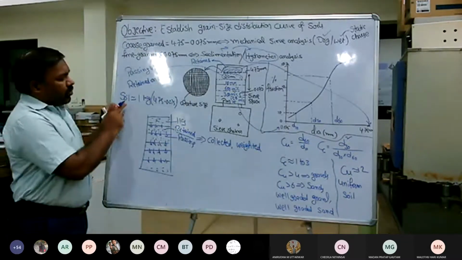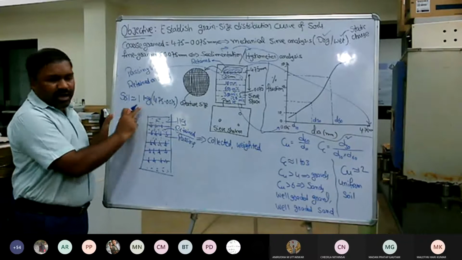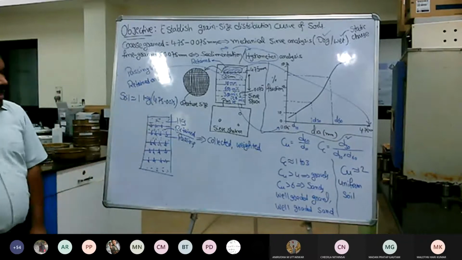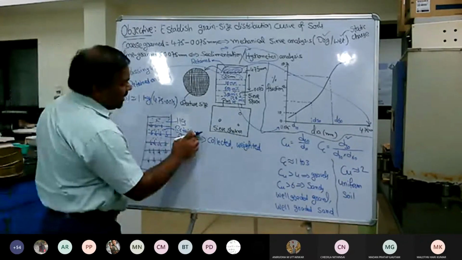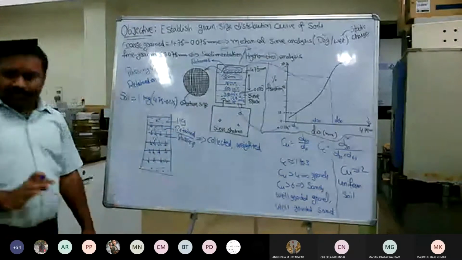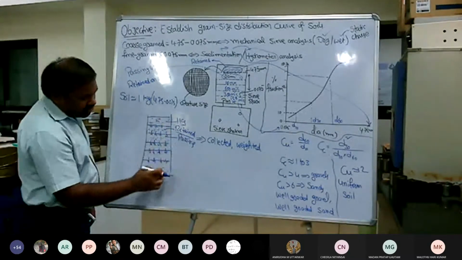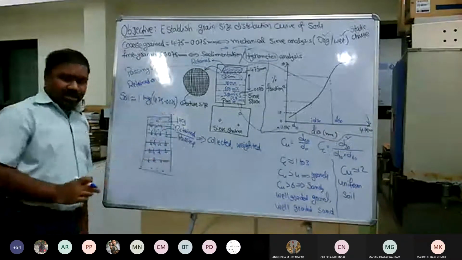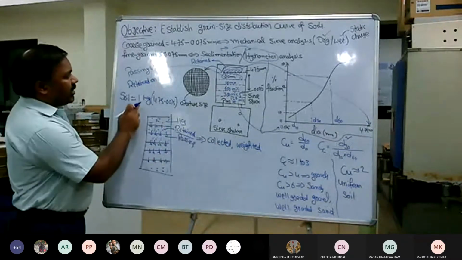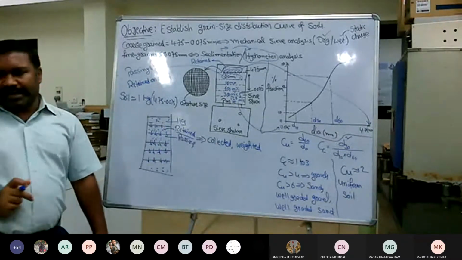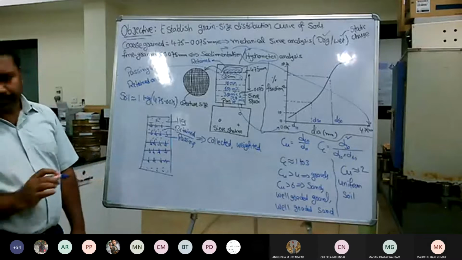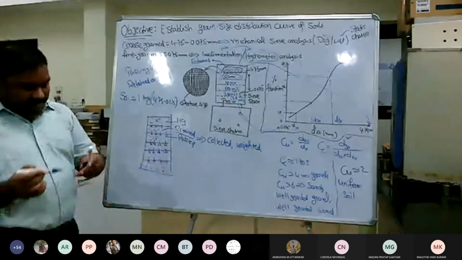Now we know the initial weight of the soil that we have taken, that is 1 kg, and we know how much soil is retained on each sieve. The summation of the mass retained on each sieve shall ultimately be equal to the total mass taken, that is 1 kg.